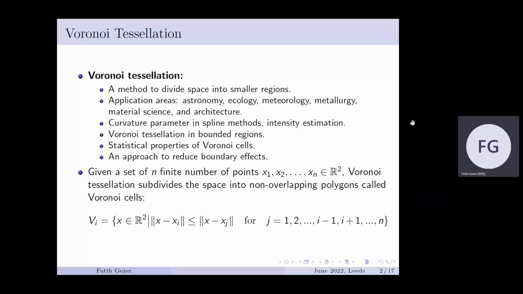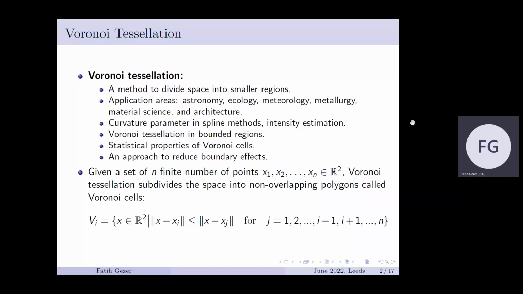And there are a lot of application areas of Voronoi tessellations, such as astronomy, ecology, meteorology, and so on. It's also used in the analysis of spatial data, such as spline methods or intensity estimation.